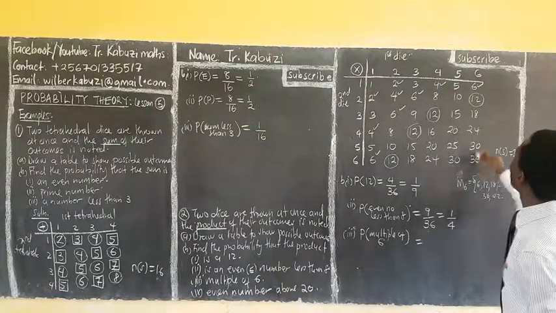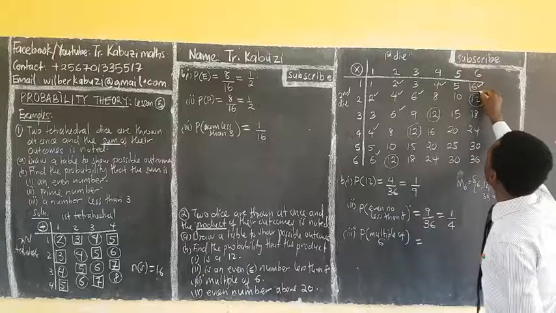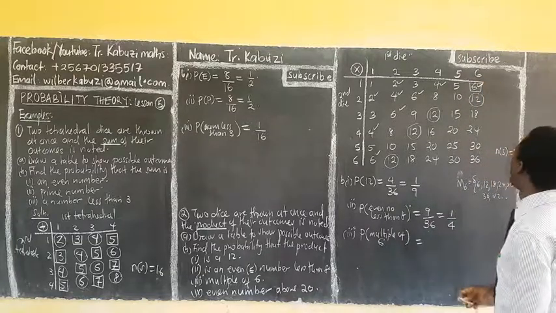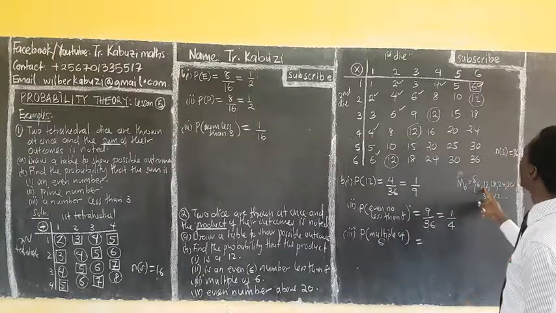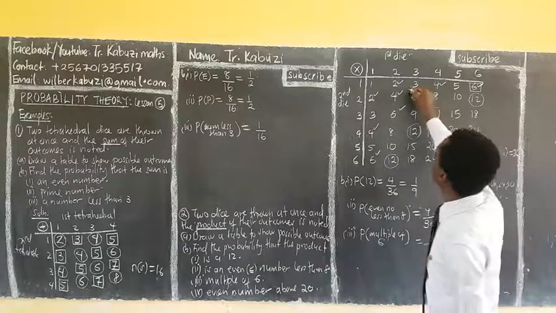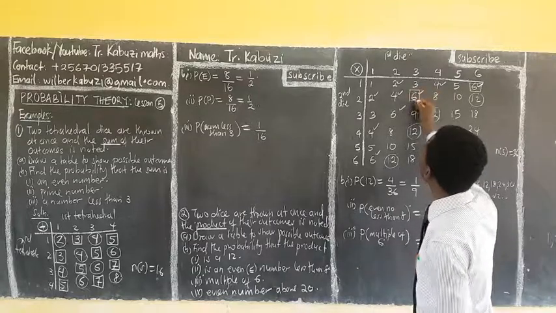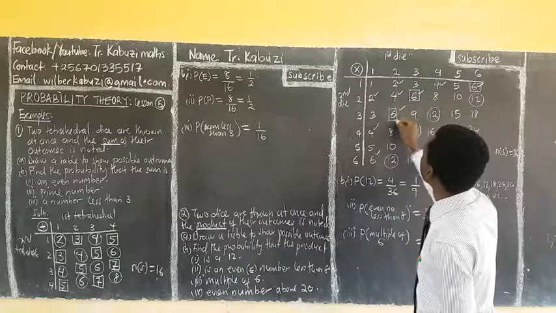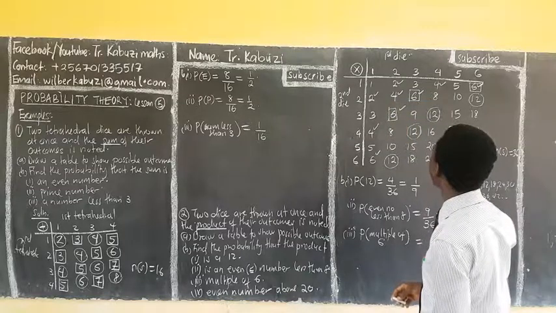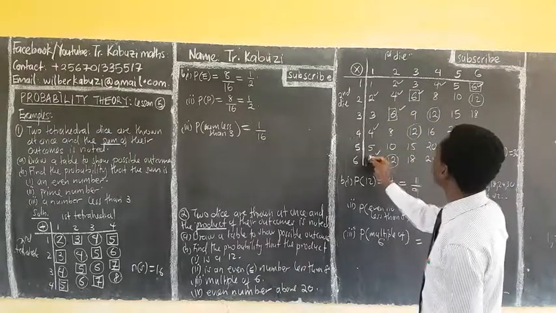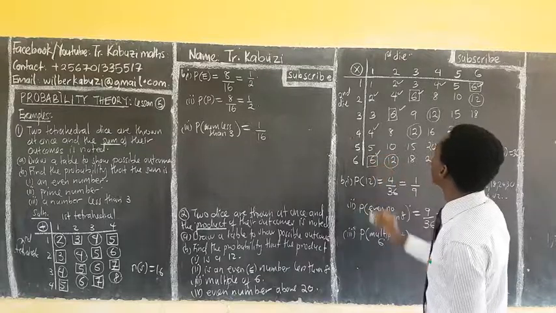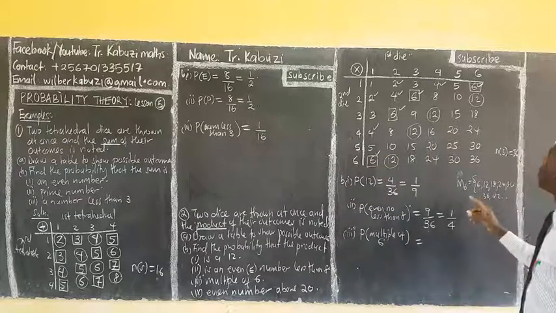Okay, now let's be careful with multiples of 6. We have a 6 already, so allow me to put them in brackets. A 6 is there, and this one also is a 6. I want first to pull out all the 6s. Then I come to 12.